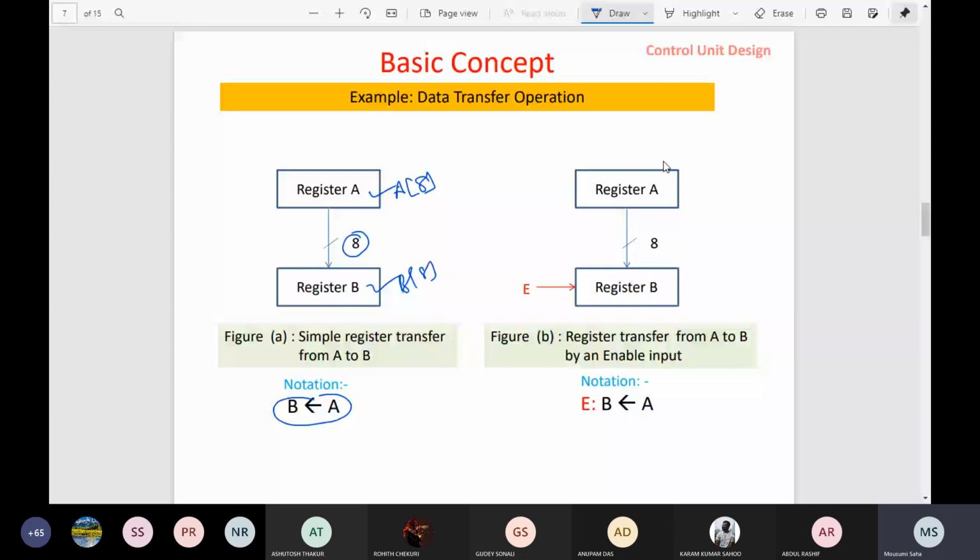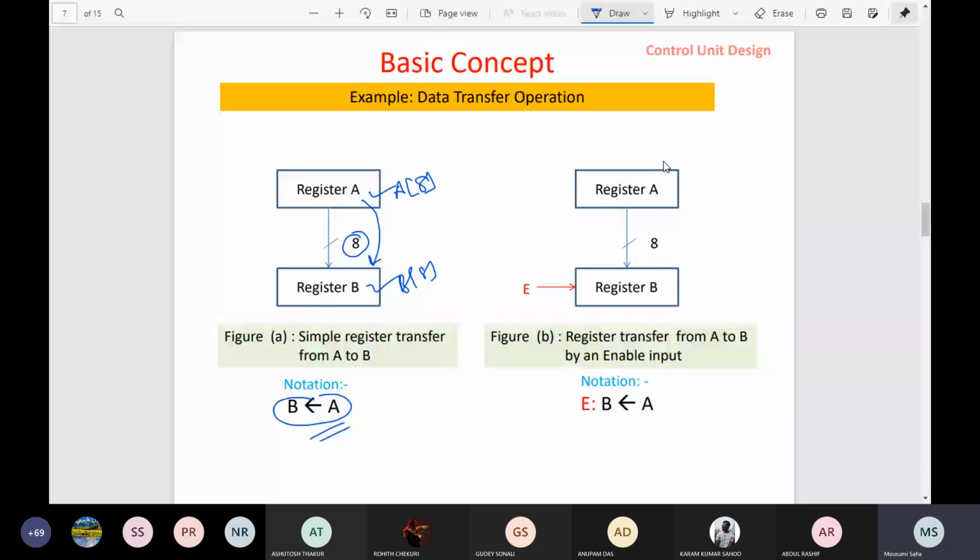So 8-bit data can be transferred from register A to B. For the first one, you don't have any control signal, or any timing at which it will be executed. That type of information you don't have for this notation. So it is very simple, only transferring the data from A to B, and the design is also very simple.